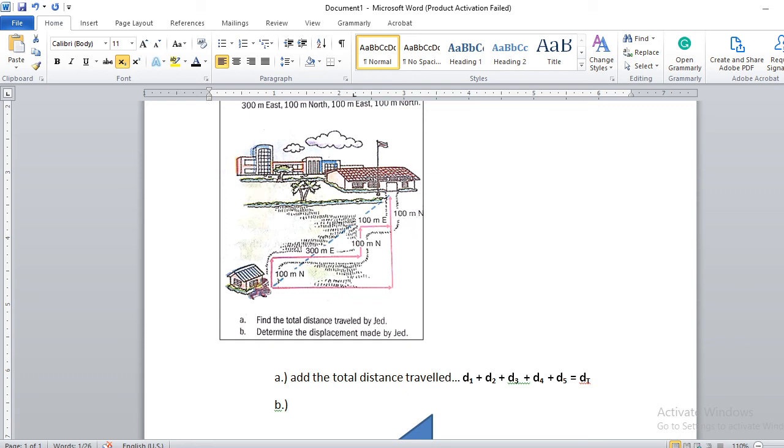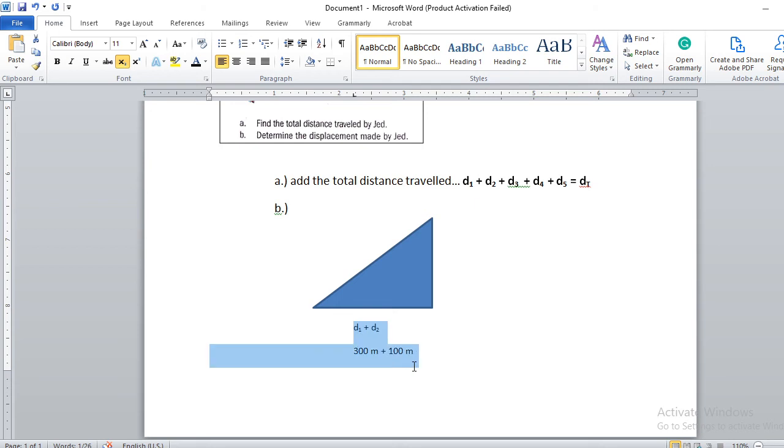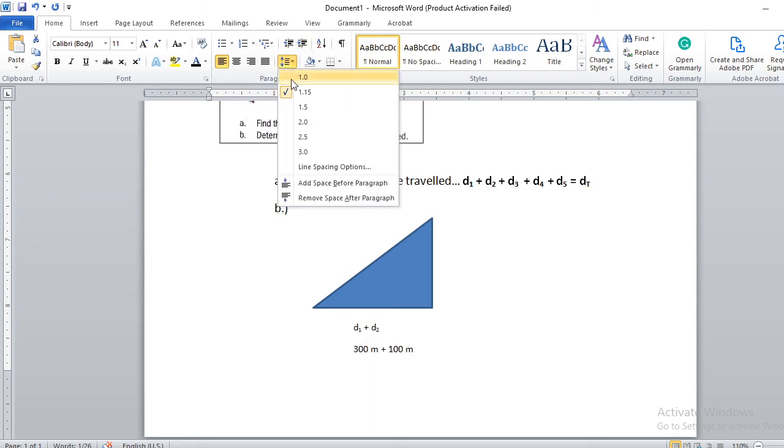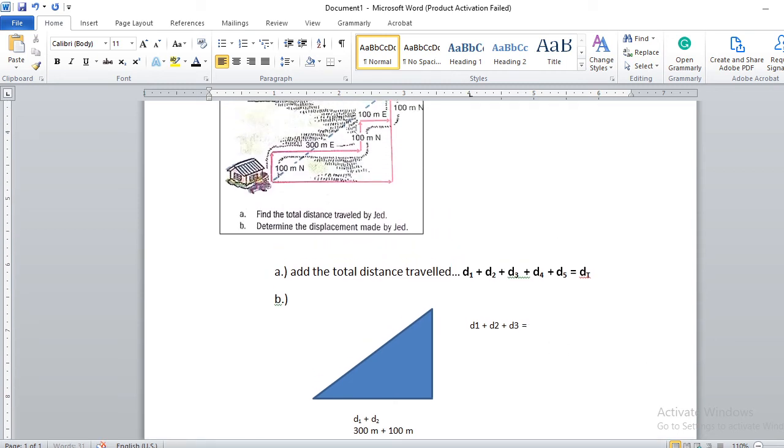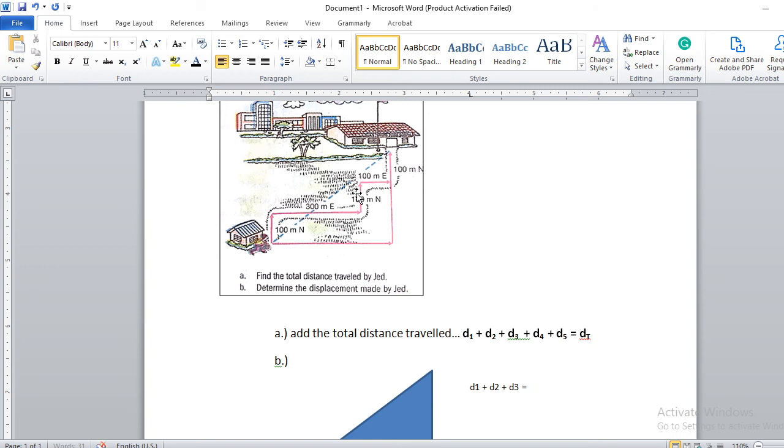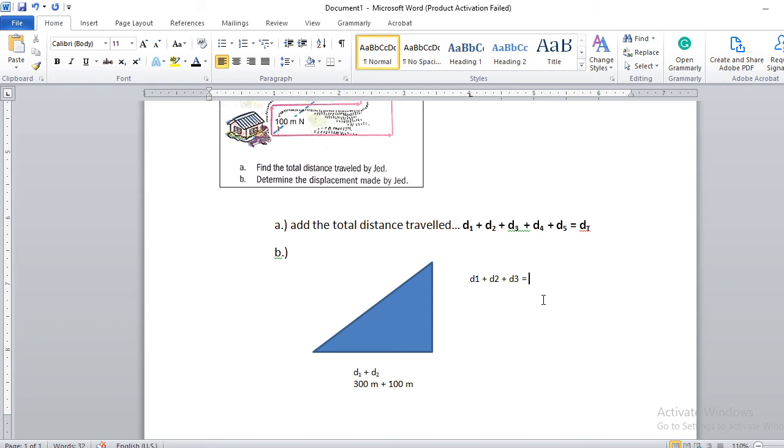So we have three 100s, I think. So distance 1 plus distance 2 plus distance 3 is equivalent to 100 plus 100 plus 100.